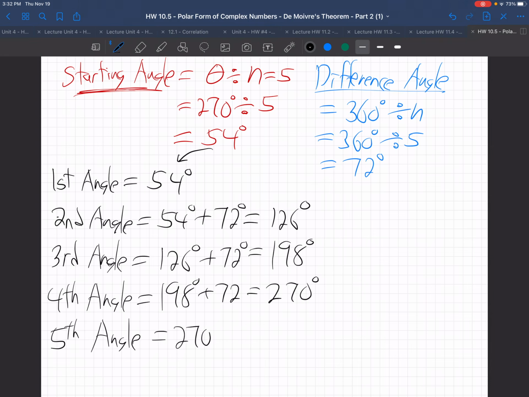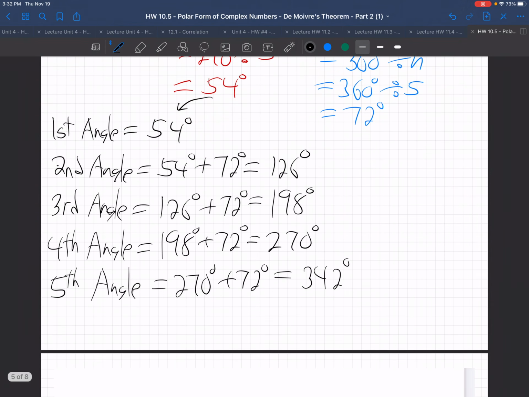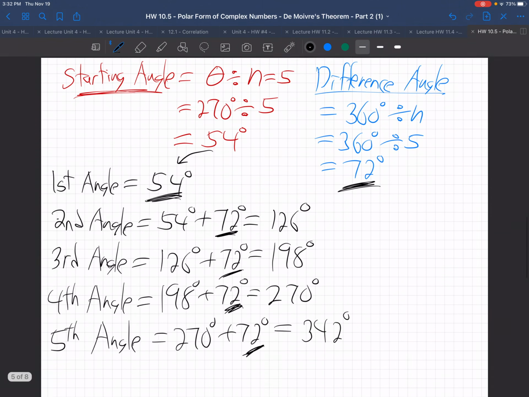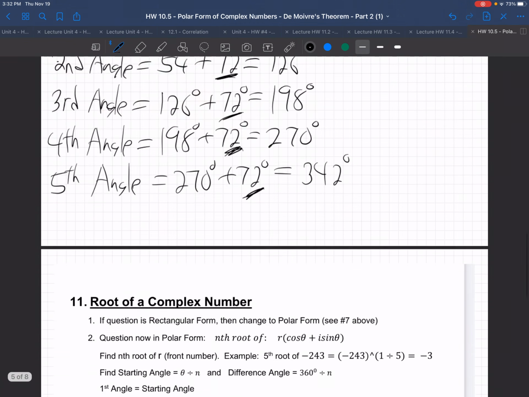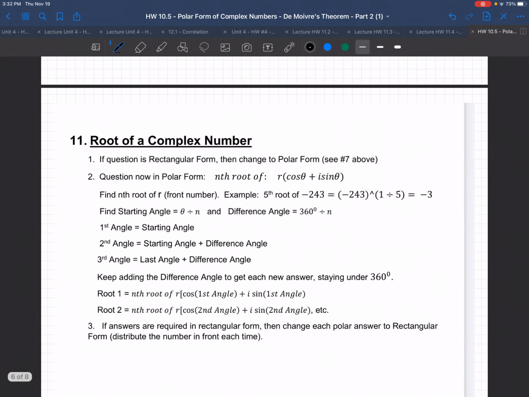Is the last answer 270 plus 72 degrees, 342 degrees. So there's our 5 angles. See what we did? We just did the starting angle, and then every time we just added 72, which is the difference angle. It's the difference from angle to angle. All right, and then we're almost there.